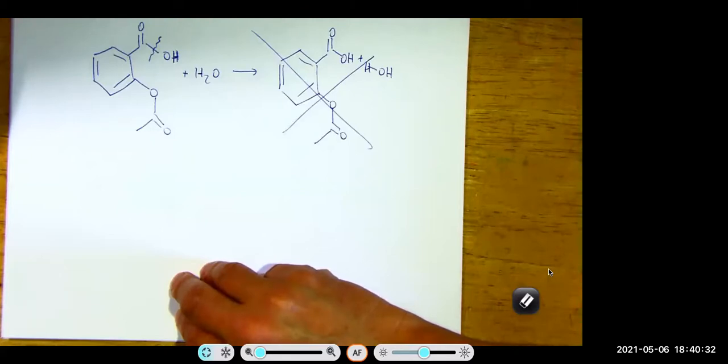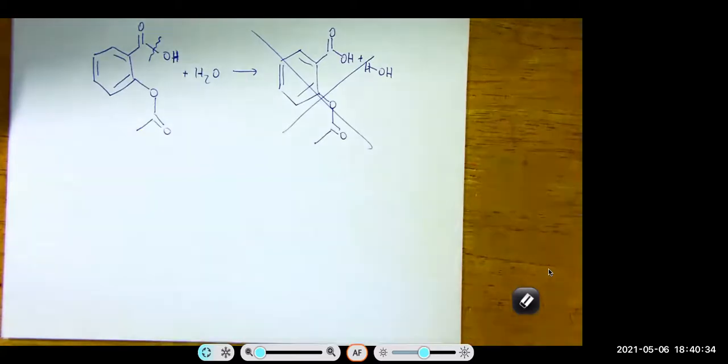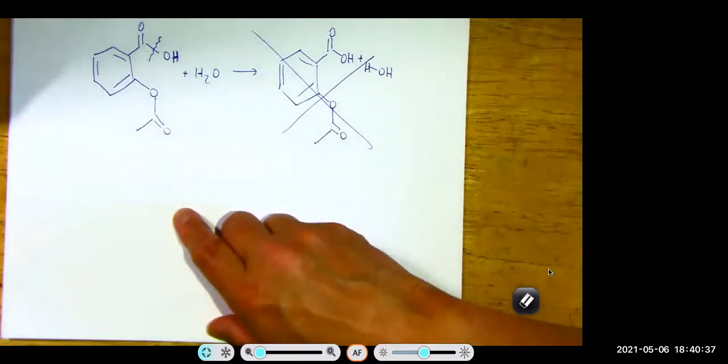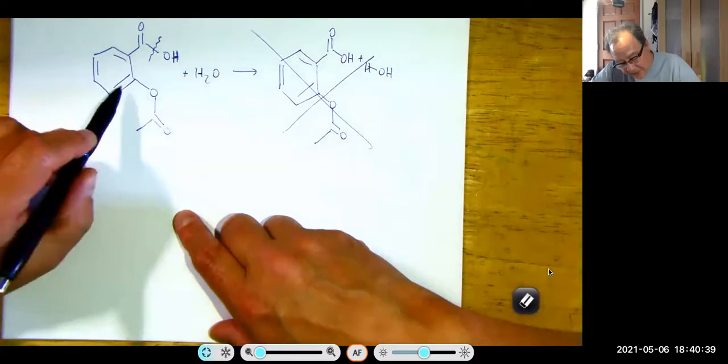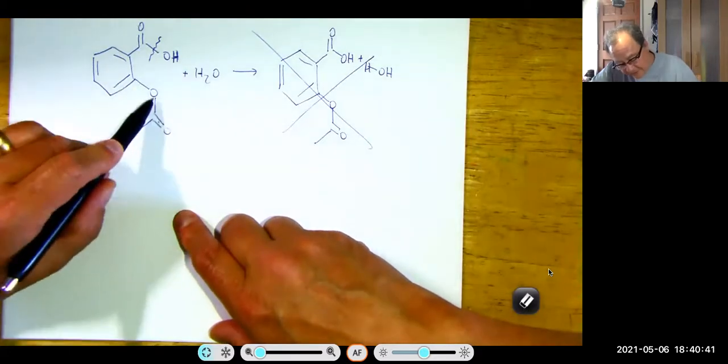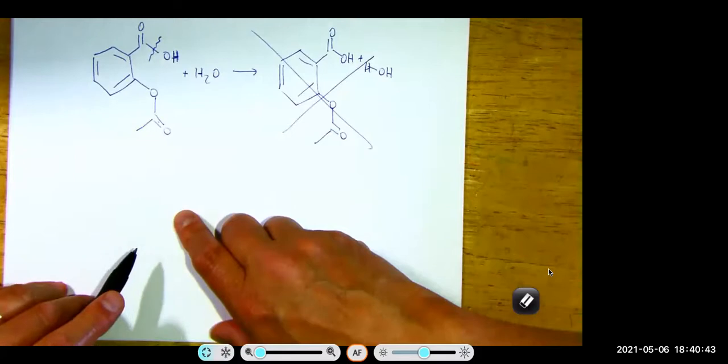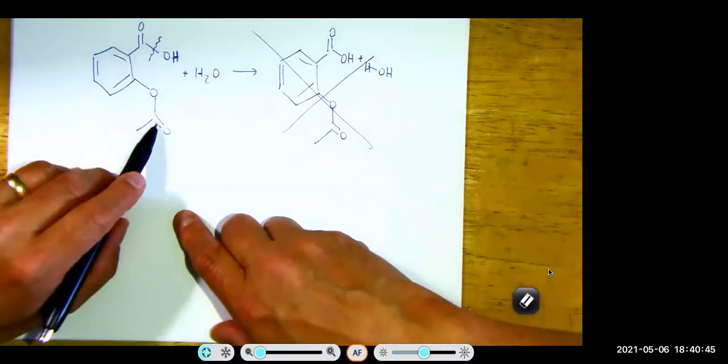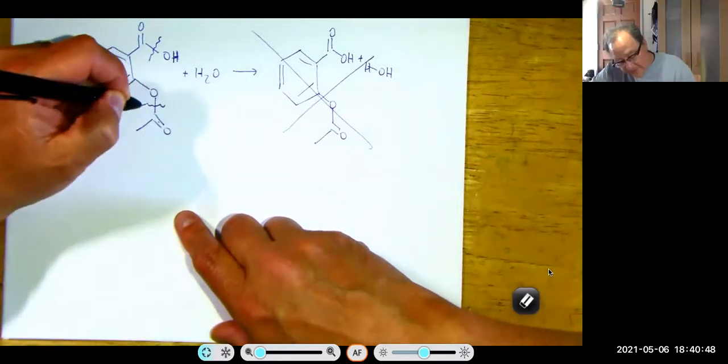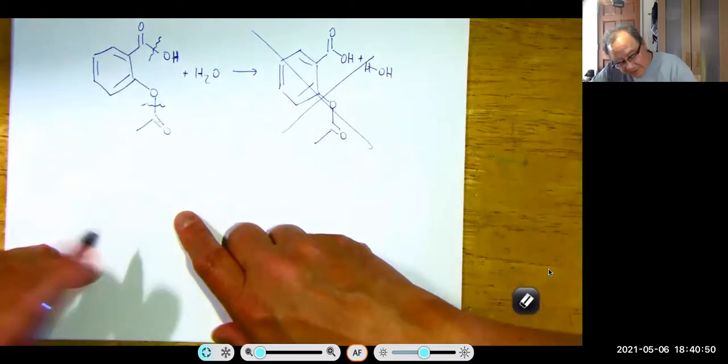Shouldn't we break the ester off in between the double bond and the oxygen? This double bond and this oxygen, or this double bond and this oxygen? The second one. This one? Yeah, right there. Just like we did up here?